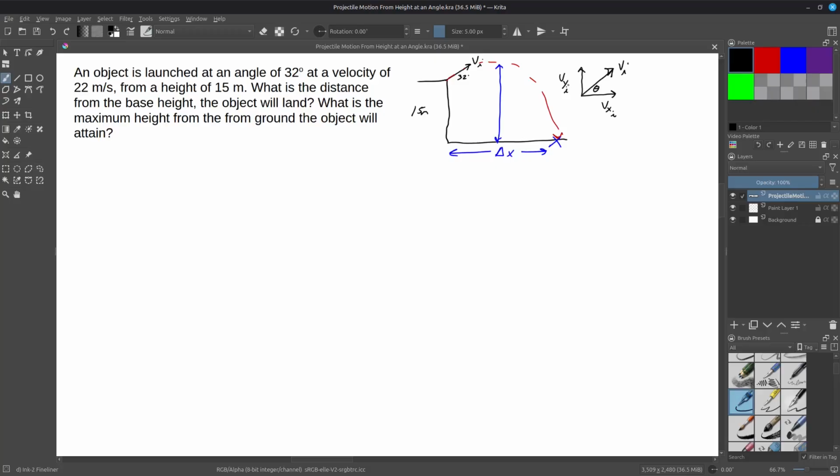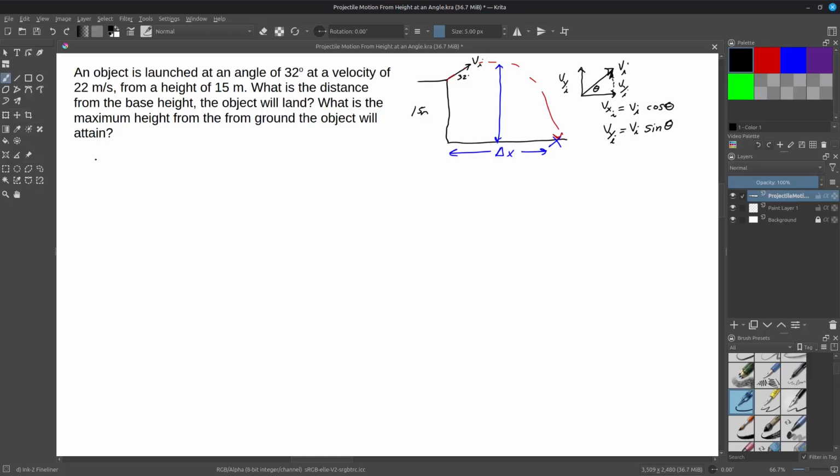So in this case, you need to use your trig functions and also understand that Vy initial can be transposed. It can be moved over to make a right triangle. So Vx initial is going to be Vi cosine theta. So that's your trig functions. And Vy initial is going to be Vi sine theta. Okay.